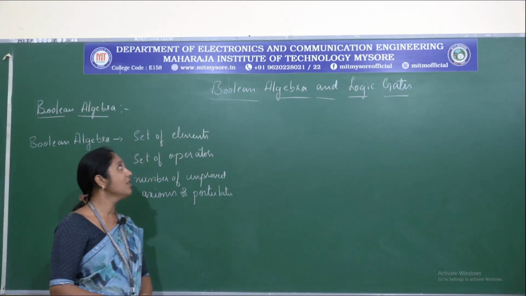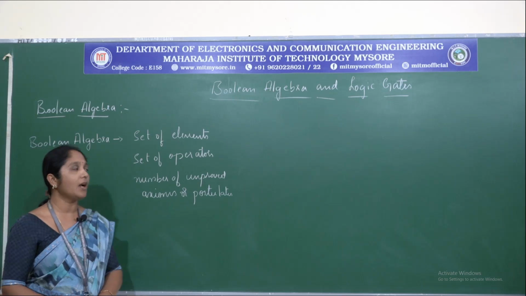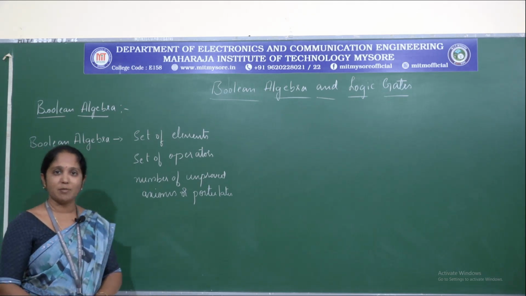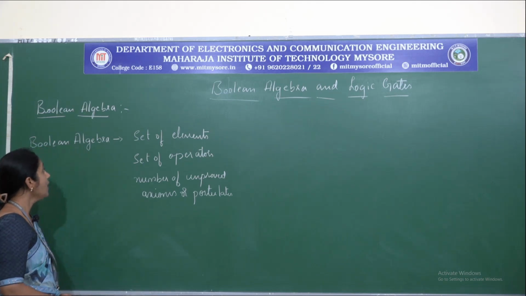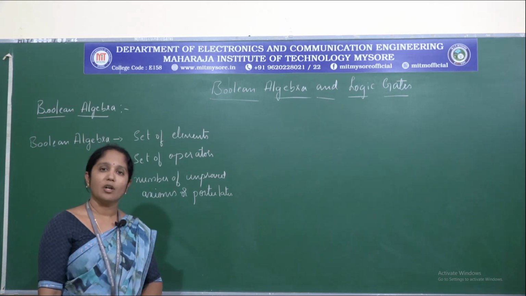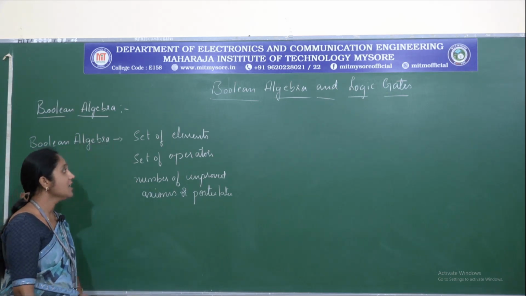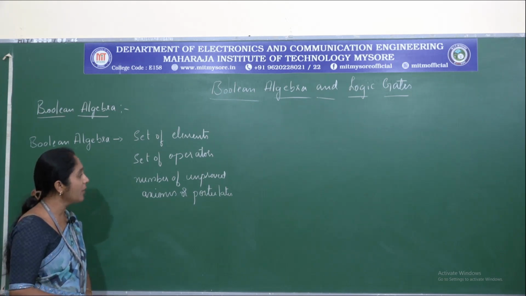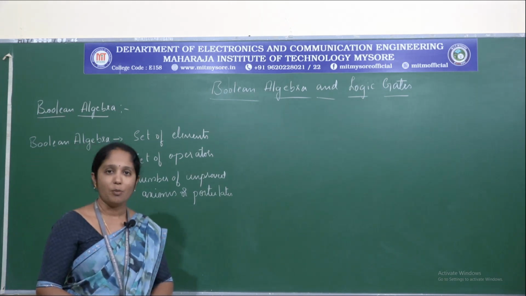In today's class we will be learning about Boolean algebra and logic gates. Let me consider Boolean algebra first. Boolean algebra, like any other mathematical system, is a set of elements, a set of operators, and a number of unproved axioms or postulates.